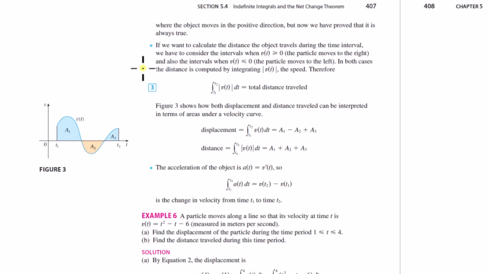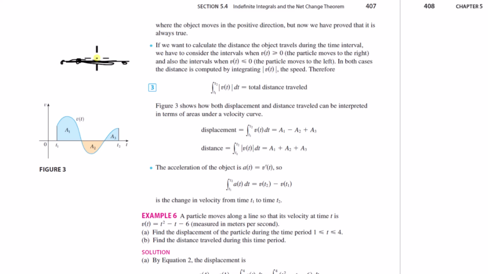And so they're saying, what if the object starts and ends at the same point, but it did a lot of moving in between? What if we want to calculate the total distance it traveled in general? So it starts here, it does all kinds of stuff, and then ends up at the same spot, but we still want to calculate how far it traveled overall.